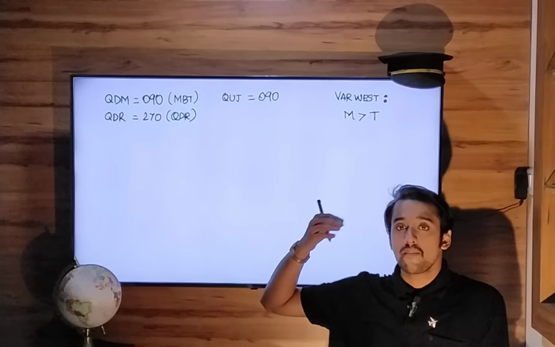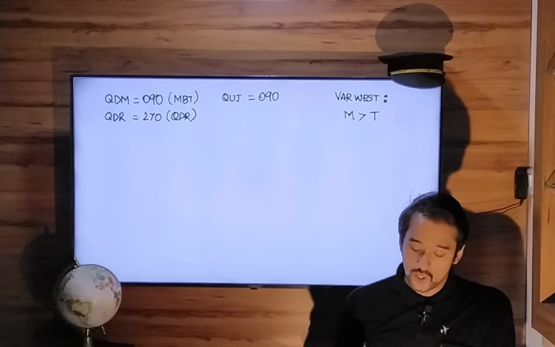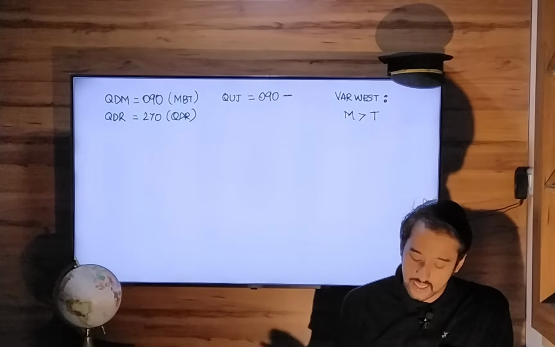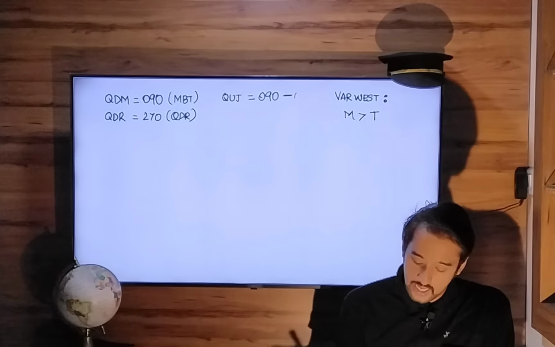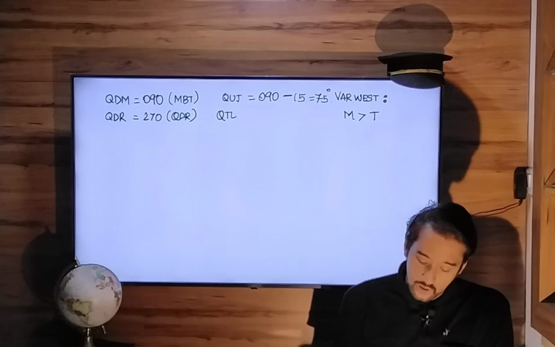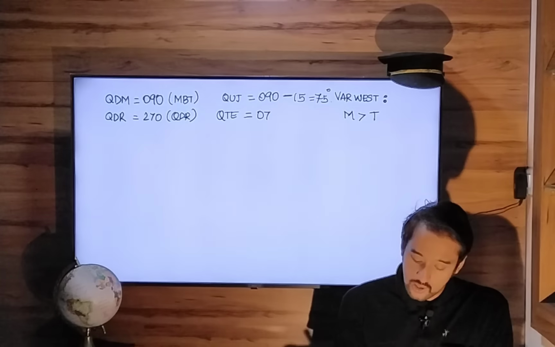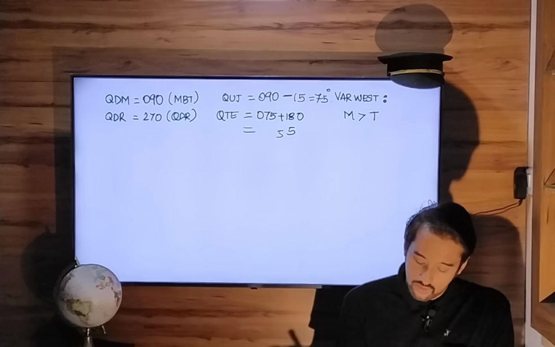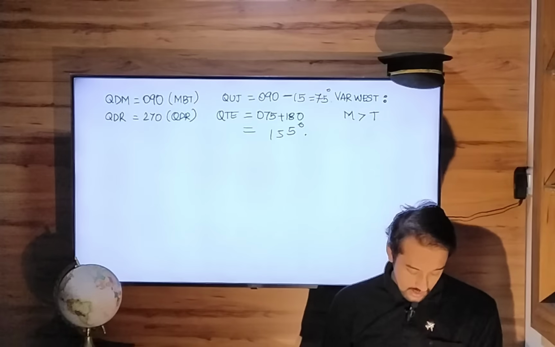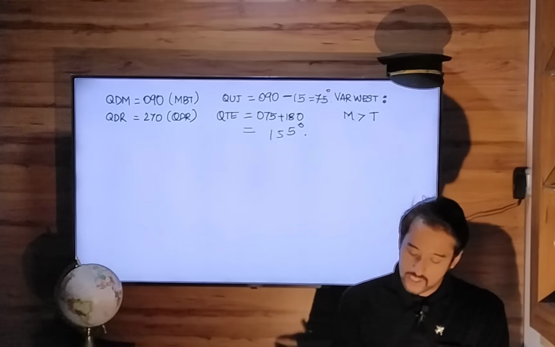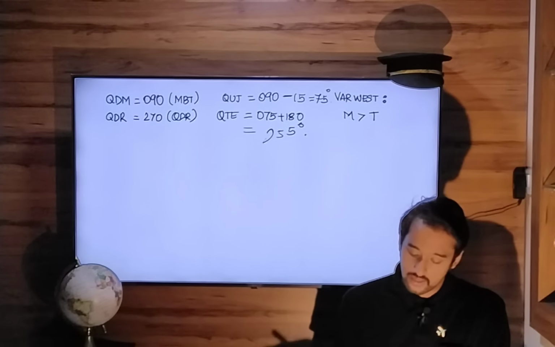QUJ is true bearing towards the station, so it will be definitely less than magnetic bearing to the station. That's why I subtracted 90 minus 15, which is 075 degrees. QTE will be the reciprocal of QUJ, which is 075 plus 180, which will be 255 degrees.